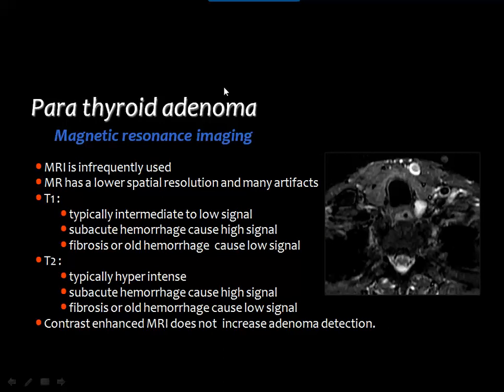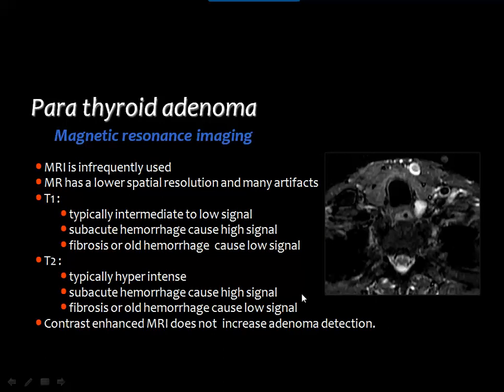Parathyroid adenoma, if it is relatively sizable, in the range of 1 centimeter or more, can be detected easily by MRI, especially in the T2 weighted image. And you see here a bright lesion which is located posterior to the left thyroid lobe. In the T1, the lesion is of intermediate signal, and in the T2 it will show high signal.